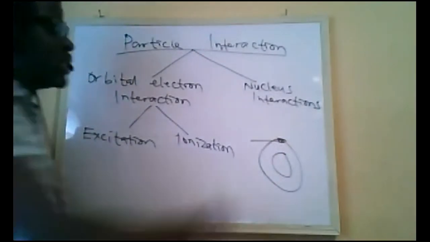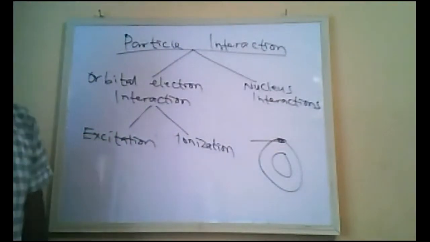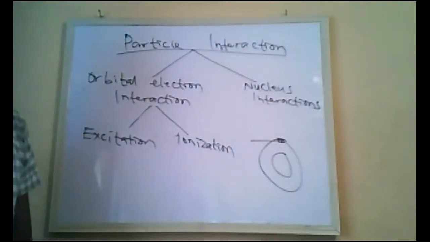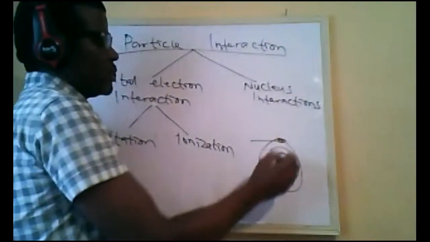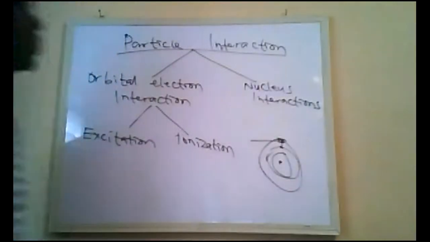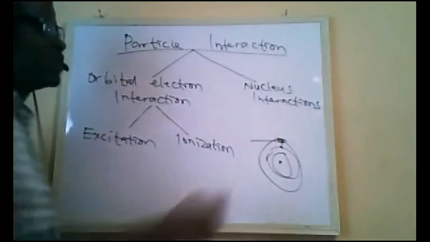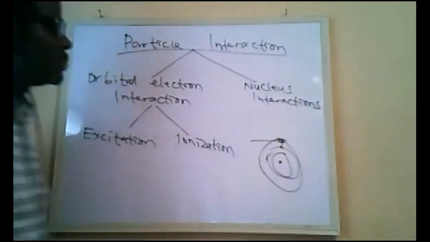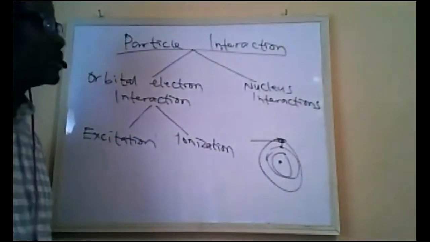This place that used to be its comfort zone is no longer its comfort zone. It wants to go somewhere else, and in doing that, it goes somewhere else. When it comes down here, energy is released, and the energy released is just the difference between this shell and this shell. After that, it can go back to its normal state.